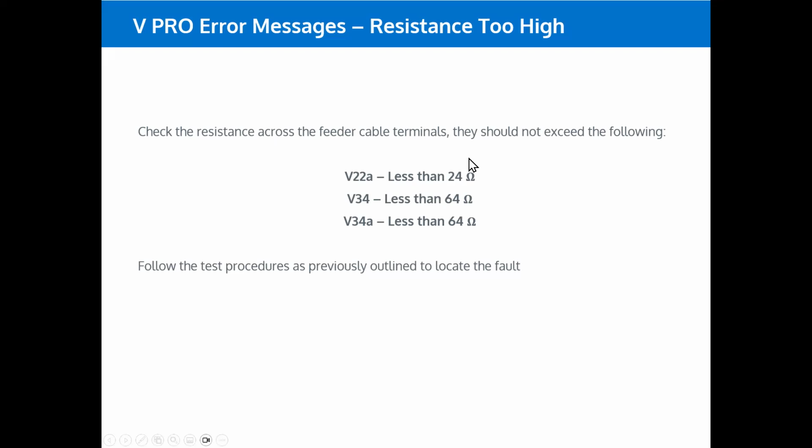In reality, these figures need to be much, much less than this, because you then have to think about the impedance, the reactive part of your loop, which is obviously going to increase the overall figure. So ideally, you want values of about 6, 7, 8 ohms for a good, working loop.